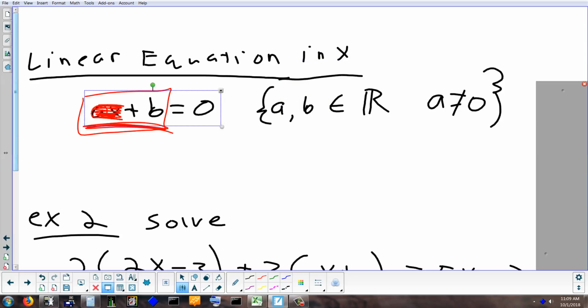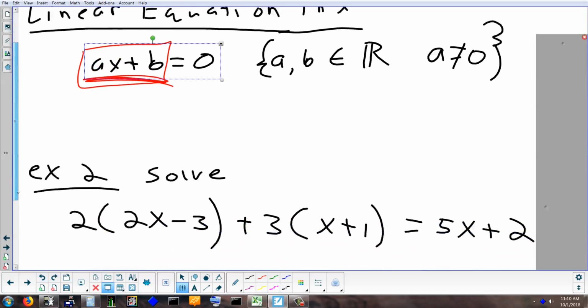So if you make A 0, what you've just done is you wiped out x. Now you have a constant equation. If it doesn't have an x, it's not considered a linear equation. It's a constant equation. All right. So A and B can be anything you want except A can't be 0.